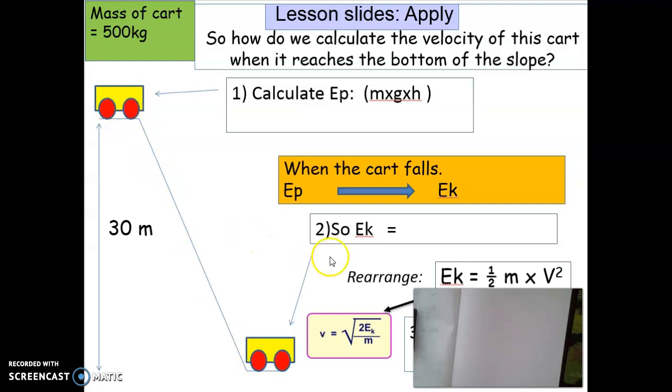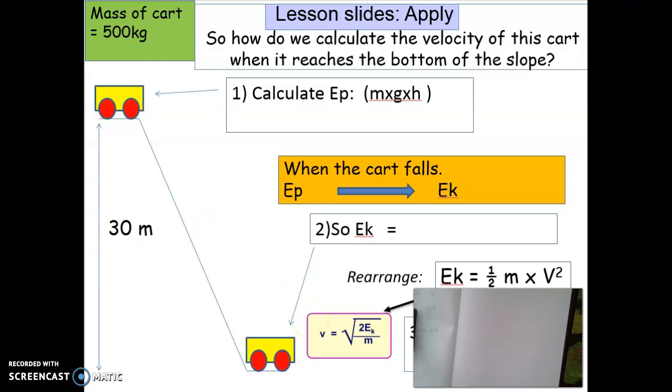Then you're going to use the kinetic energy equation, so we're going to substitute that number for kinetic energy into here, and use that equation to calculate the velocity. Here we've written out the velocity equation, which some of you might just prefer to recall, or I'll swap over to my video cam and show you how to rearrange that equation using the Mathsy method.